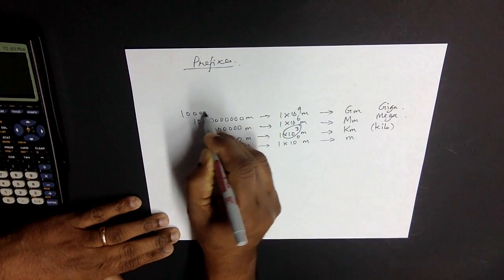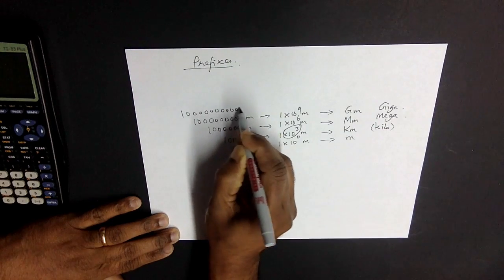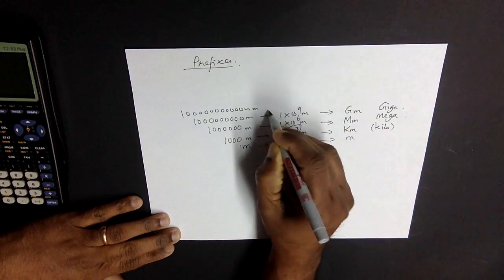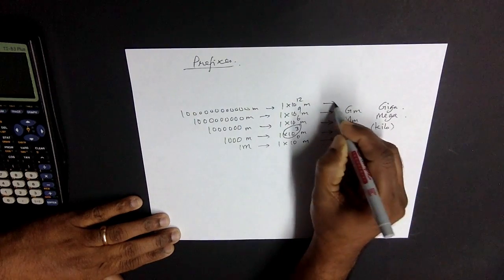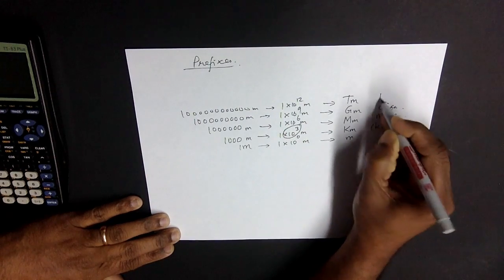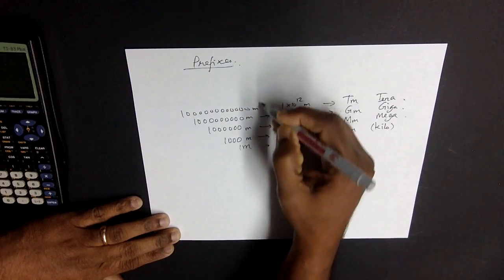And if the number is bigger, this is 1 times 10 to the power of 12 meters, and that's called a terameter. And it keeps going on.